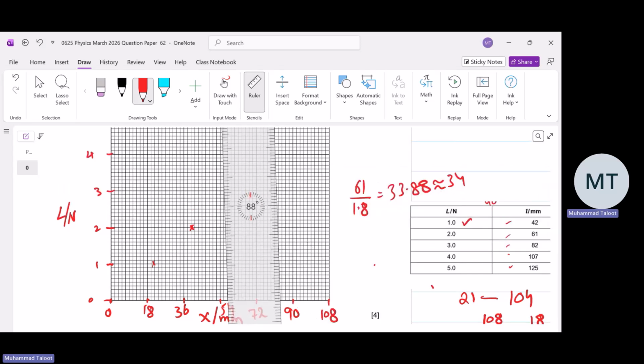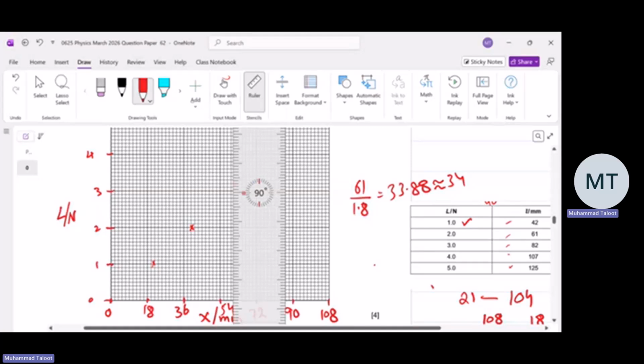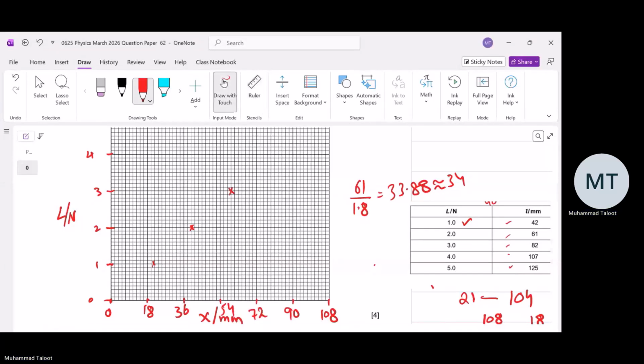Let me use the scale so that I know where I should plot the point. Okay, it will be somewhere here, like this. This is going to be the point.